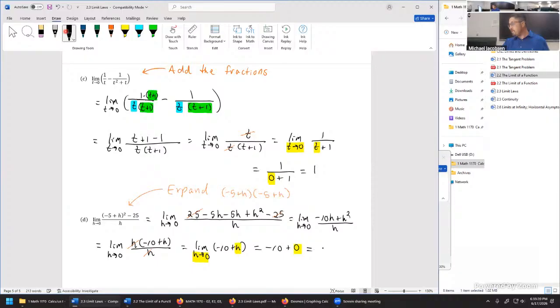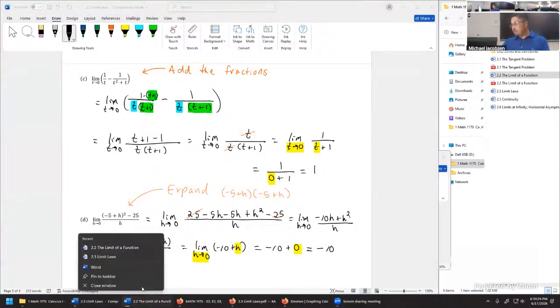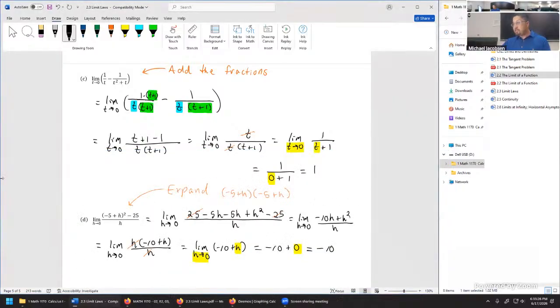And so the whole result is negative 10 altogether. Which means we did it, folks. That's the conclusion of that last limit there. The original function here, which was a complicated rational function in the variable h, is just getting closer and closer to negative 10 as h gets closer and closer to 0.